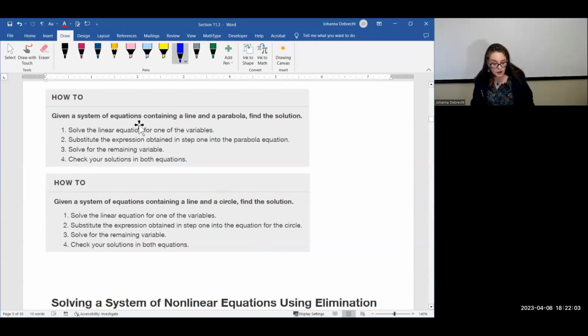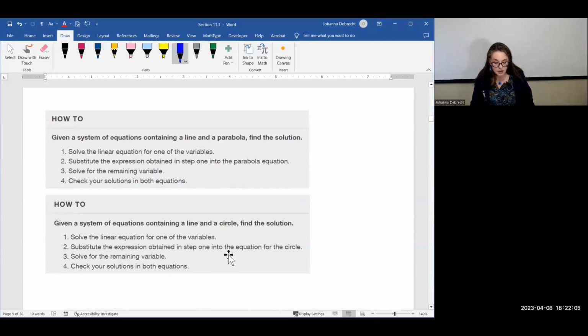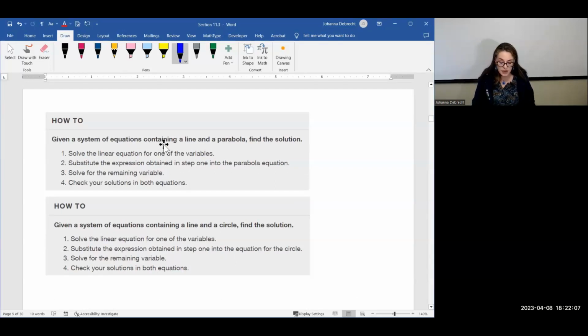Let's take a look now at how to solve a system of nonlinear equations containing a line and a parabola. If it's a line and a parabola, you're going to use the substitution method. You're going to solve the linear equation for one of the variables, and then you're going to substitute it into the parabola equation. Then you'll solve for the remaining variable, and check your solutions in both equations to make sure you haven't made a mistake.